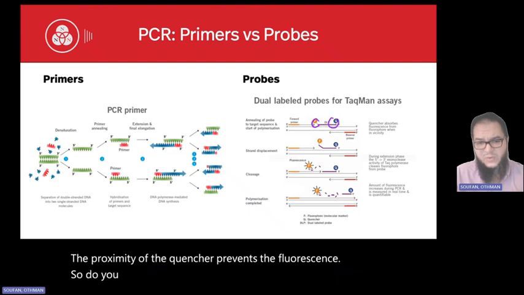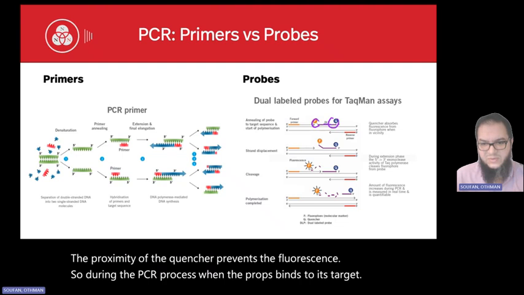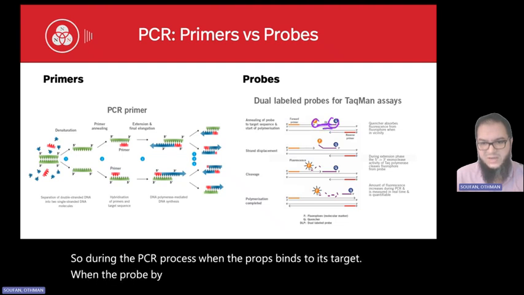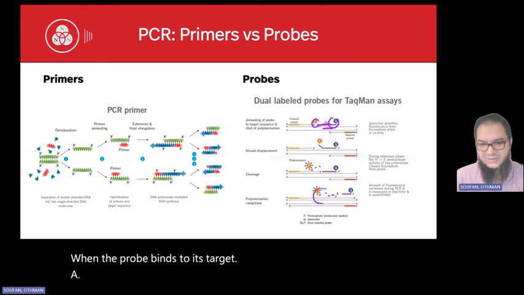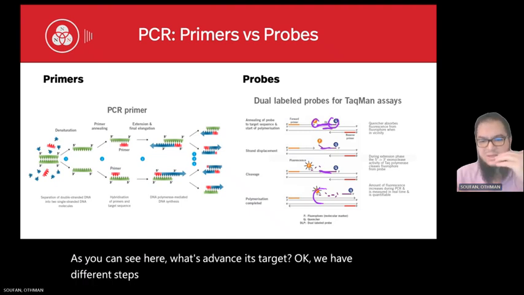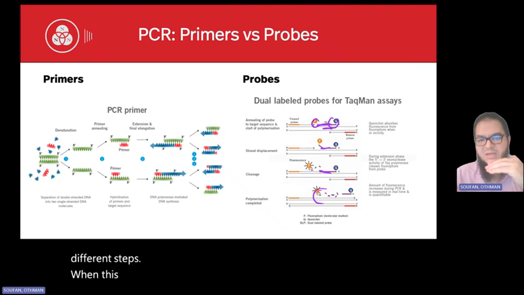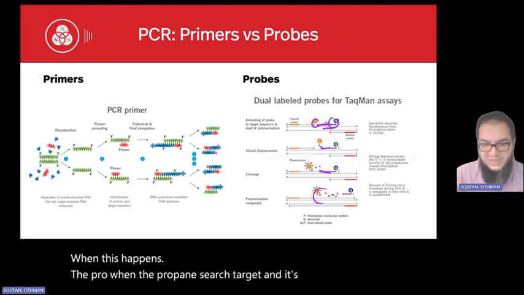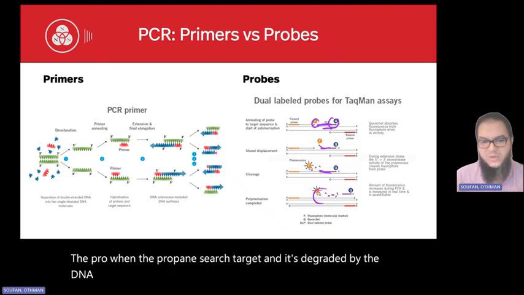During the PCR process, the probe binds to its target, as you can see here. We have different steps. When the probe binds to its target and is degraded by the DNA polymerase, that is when the quencher gets separated.